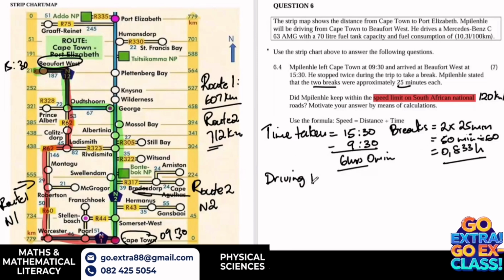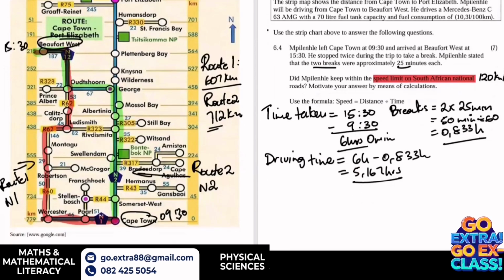So 6 hours minus 0.833 hours gives us the driving time, which is 5.167 hours of driving. He only spent this time on driving.